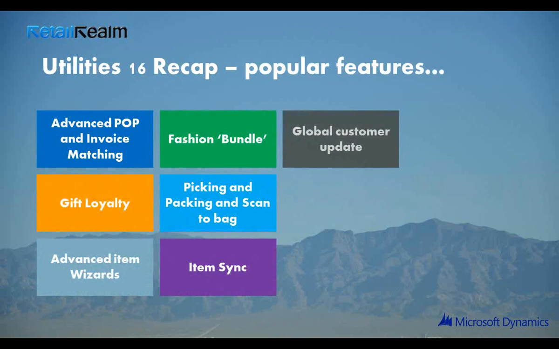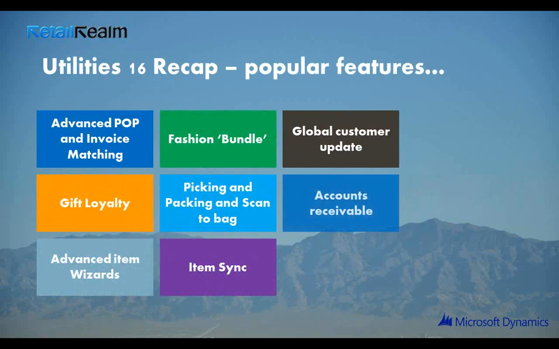Likewise, global customer update is used down at store. Traditionally, you can only make changes to global customers from HQ, but this pause button will make a real-time call and update things like shipping addresses in real time.